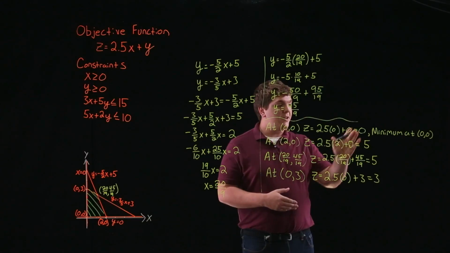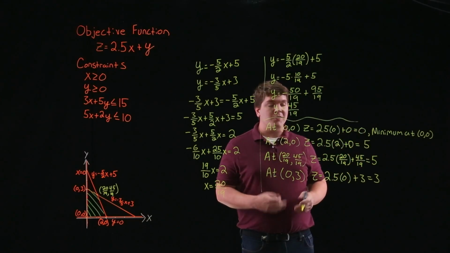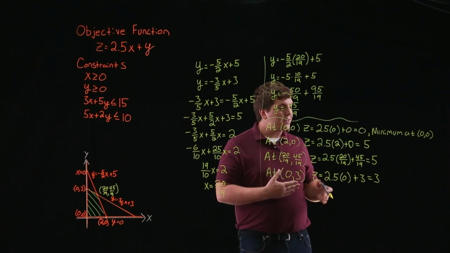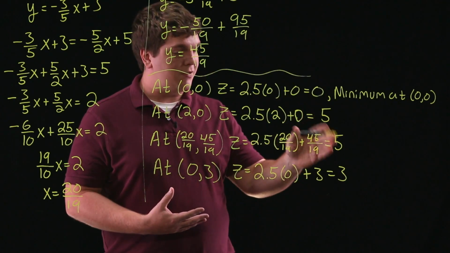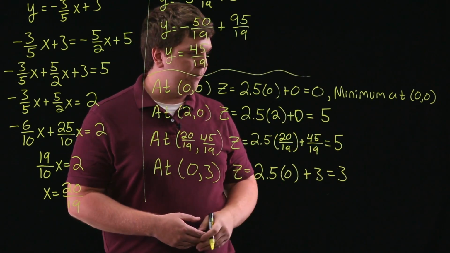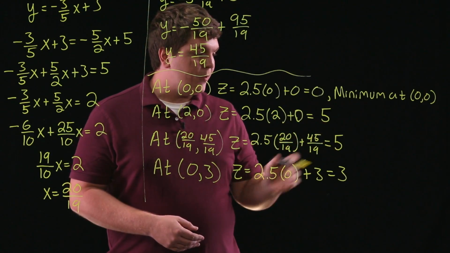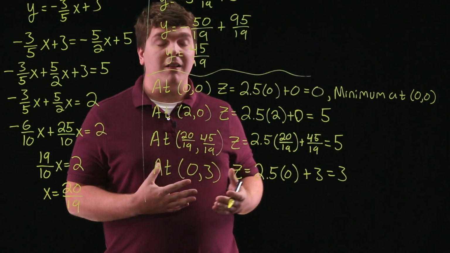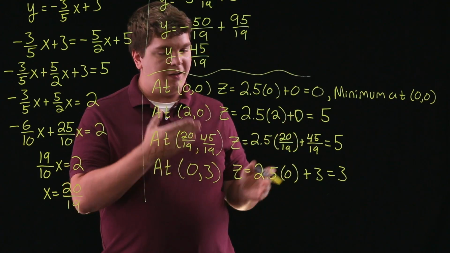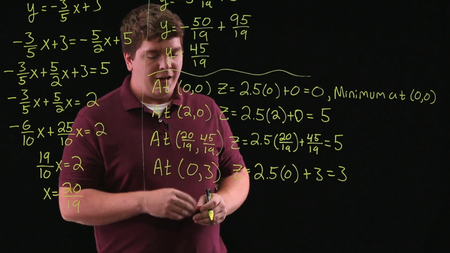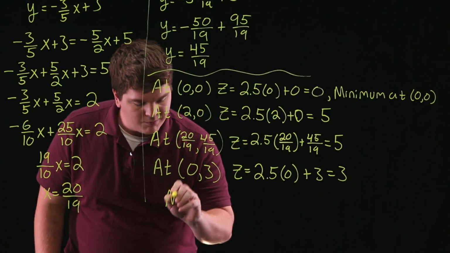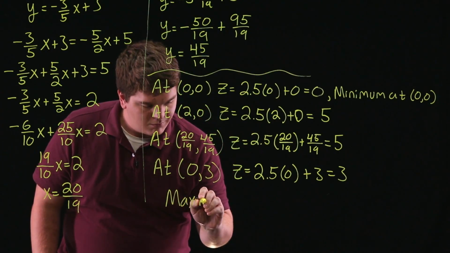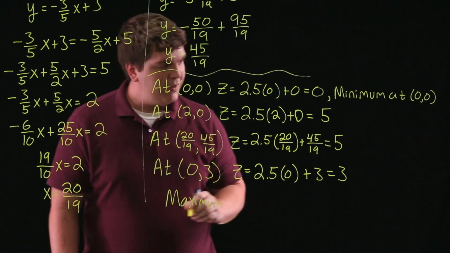And again, that's just because 0 is the smallest of these numbers. Now, looking at our maximum, we see that we have two 5s, where 5 is our largest number out of the remaining 3. So our maximum is actually going to occur on a line segment connecting the point (2, 0) and the point (20/19, 45/19). So the maximum is 5.